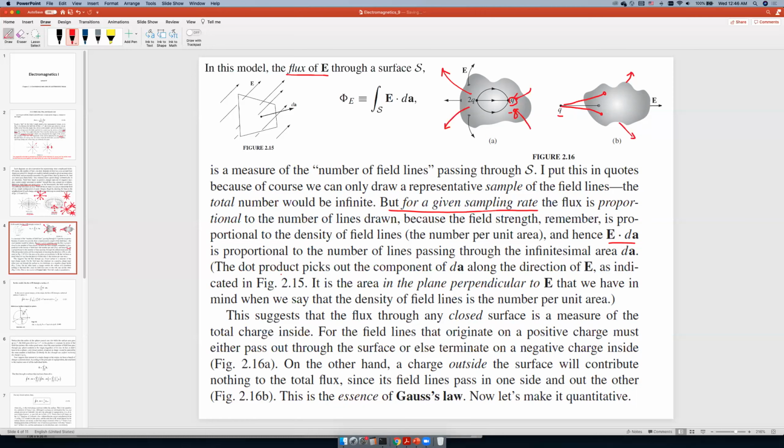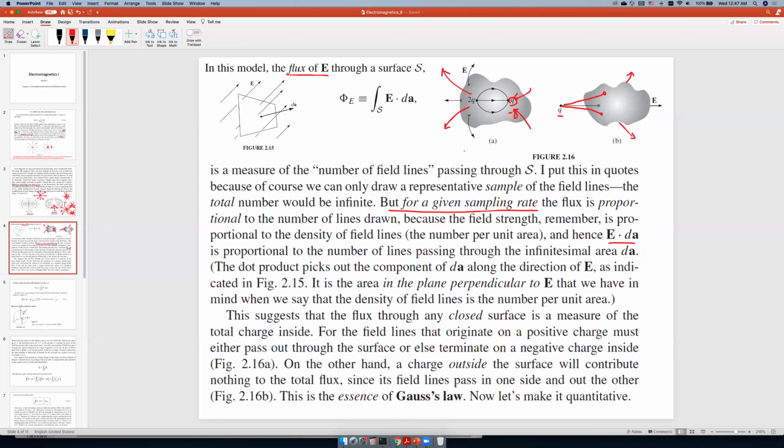And the dot product picks out the component of dA along the direction of E, as indicated in this figure. It is the area in the plane perpendicular to E that we have in mind when we say the density of field lines is the number per unit area. So when the area is bigger, there are more electric field lines going through it.